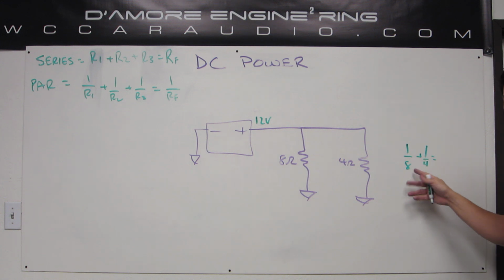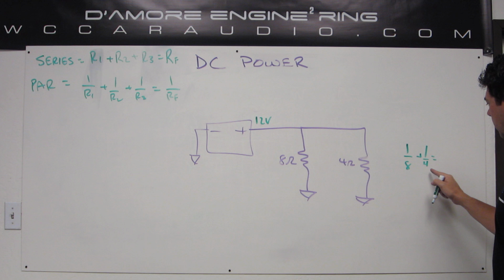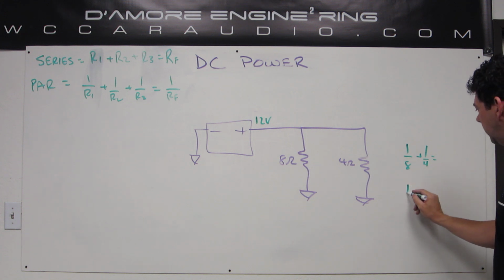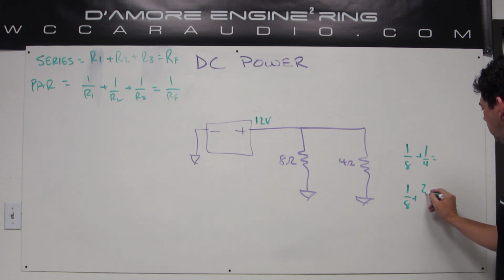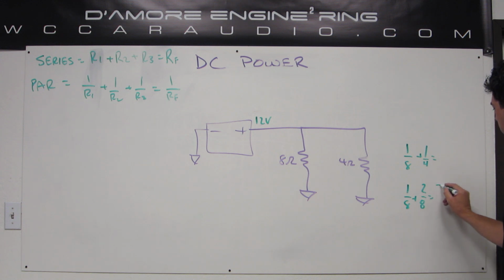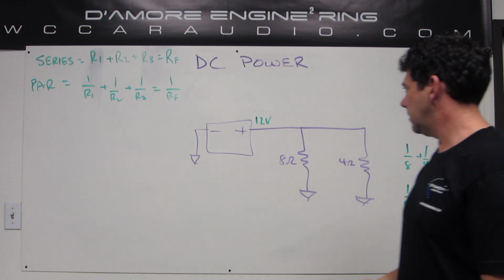Well, you can't add fractions like that because of the whole common denominator business, so you would have to get a common denominator here. So it would end up being 1 over 8 plus 2 over 8, which is equal 3 over 8, and then you flip that around and you get 8 over 3, or 2.66666 ohms. Lots of sixes.